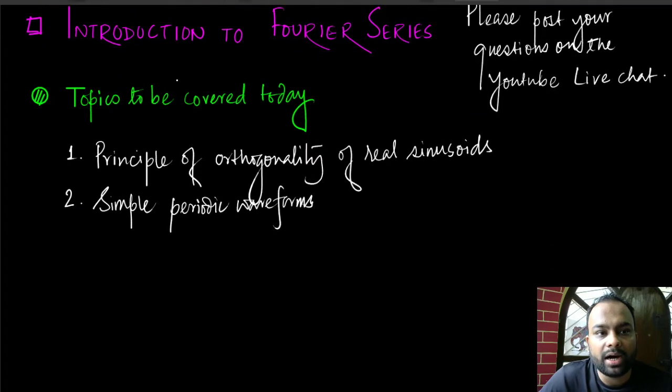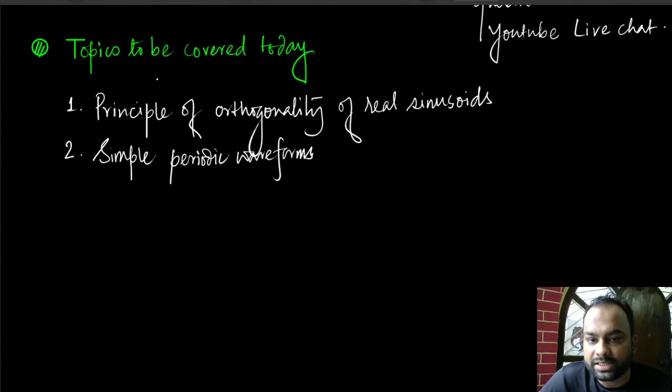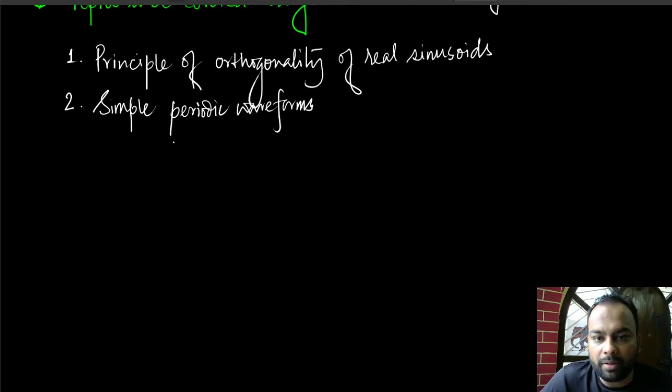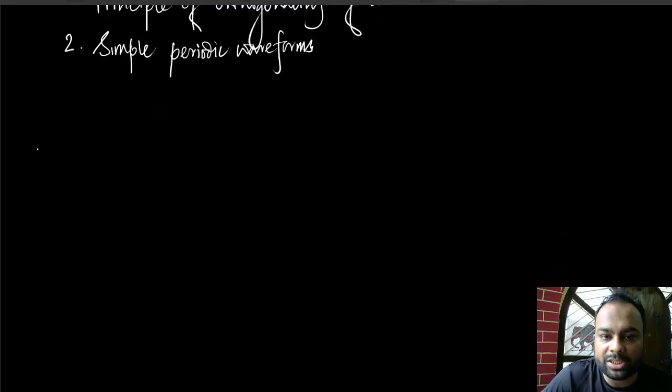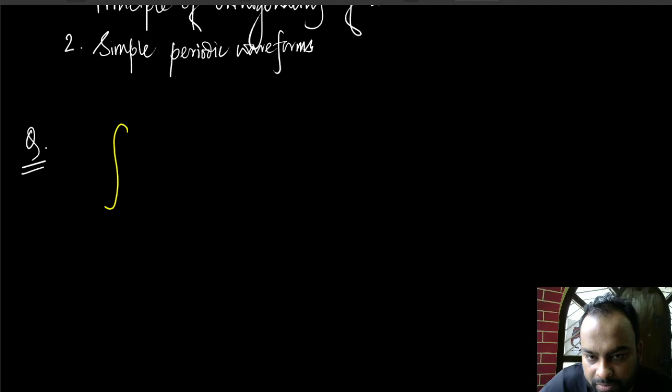The idea of Fourier series is entirely based on the principle of orthogonality of real sinusoids and the principle of superposition. We shall learn those. But before I can start, let me ask you a simple question. Let me start today's discussion with a very simple question. I want you to do this integration. This is the definite integral, but I want you to evaluate this.